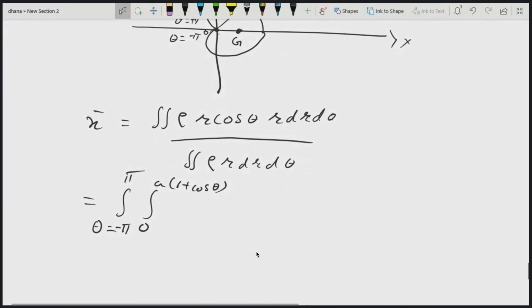Here you won't take 0 to pi. Why not? Because you are not just calculating the upper part above the initial line; you are calculating overall. So theta will be from minus pi to plus pi.